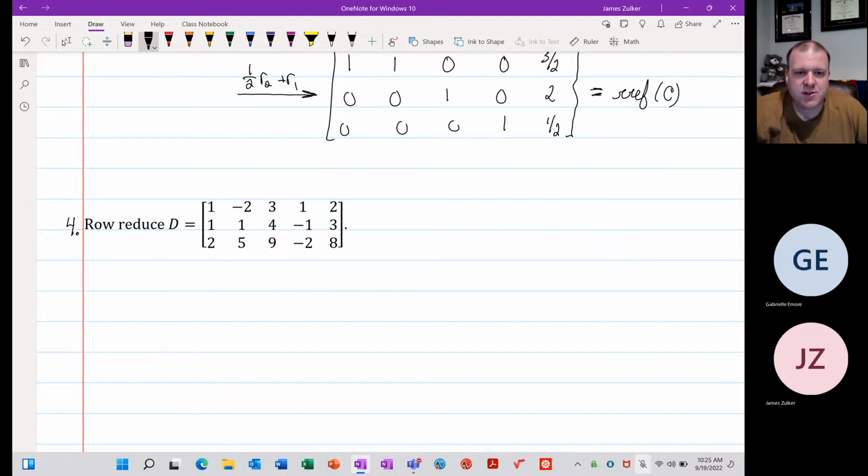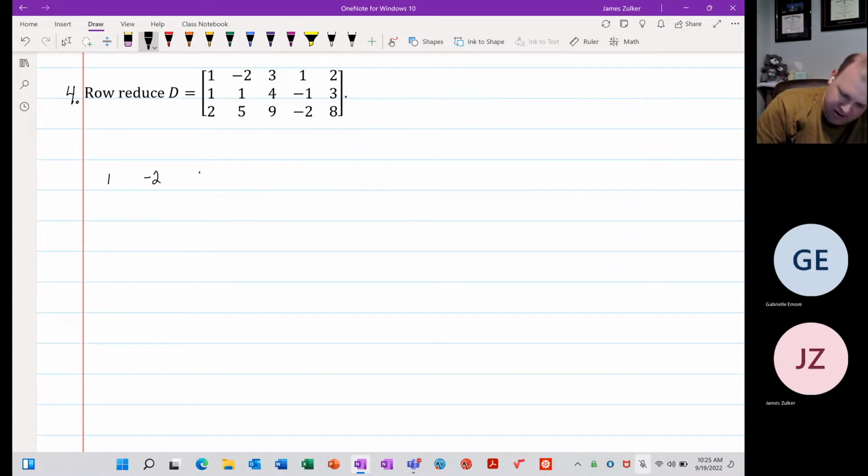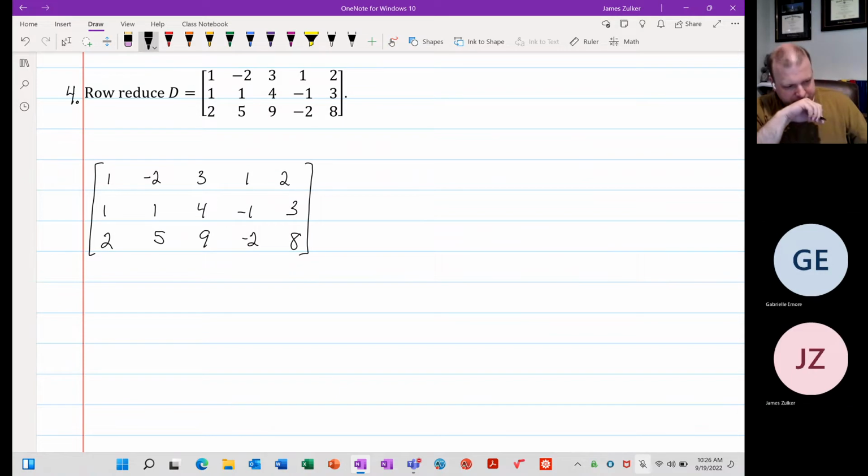Now we want to row reduce this matrix. Look for the pivot. There it is.